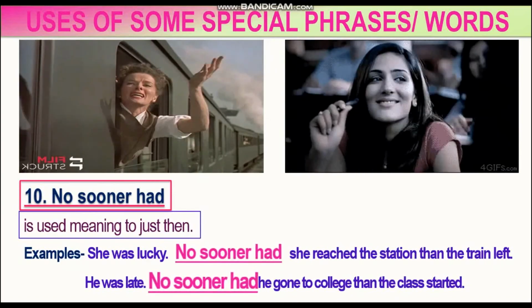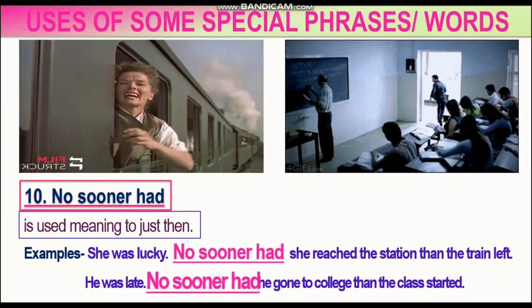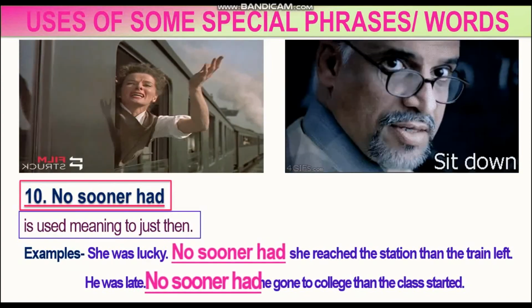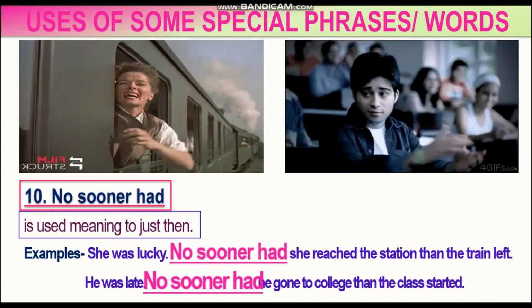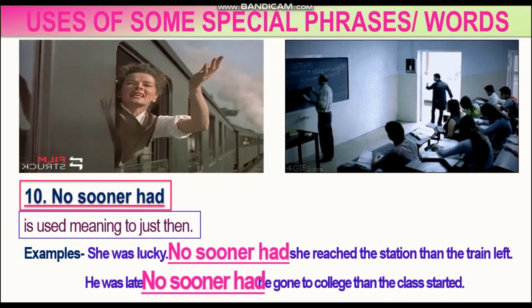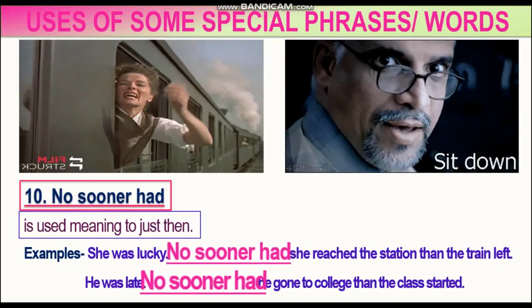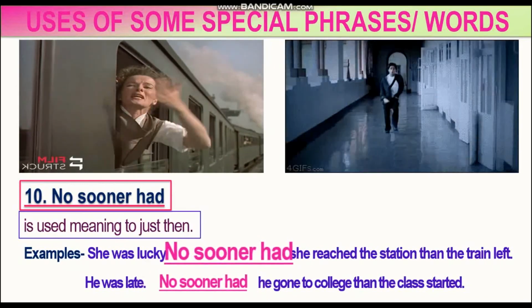Similarly, in the second context, no sooner had he gone to college than the class started. That means the class started just when he had gone to college. And that's why the phrase no sooner had is used in the sentences.